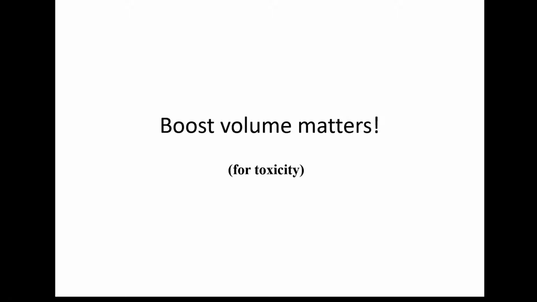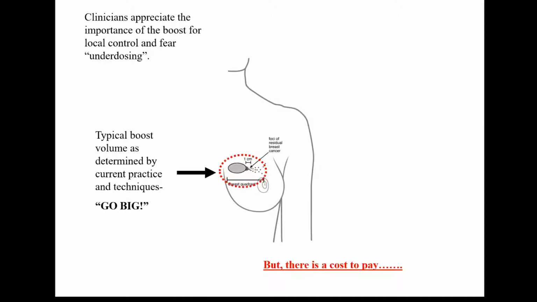But all of this has clinical consequence in that the volume of breast being exposed to high dose for boost matters, at least with respect to toxicity. Next slide. And my experience in the United States is that radiation oncologists generally accept the uncertainty associated with CT-based delineation of target volume, as well as their knowledge related to the fuzzy edge penumbra of an electron beam.